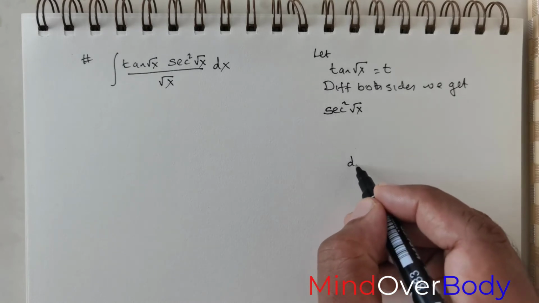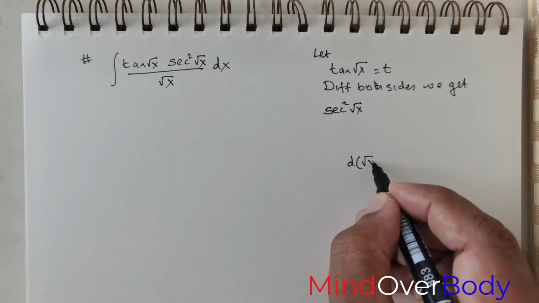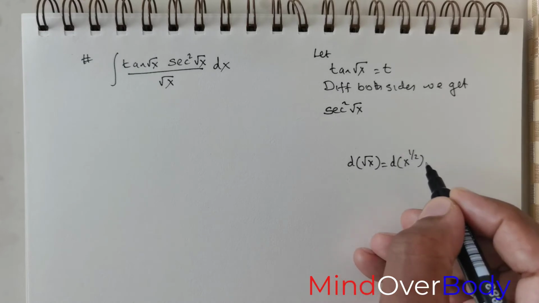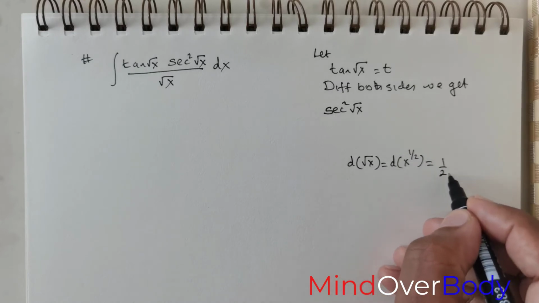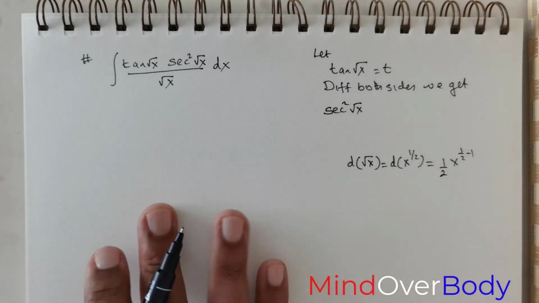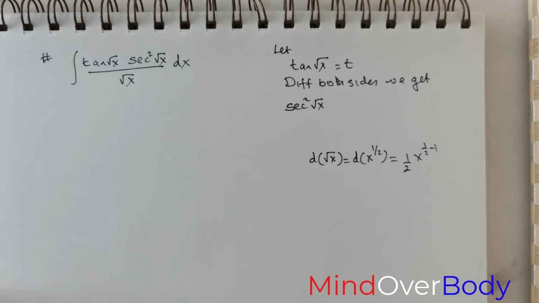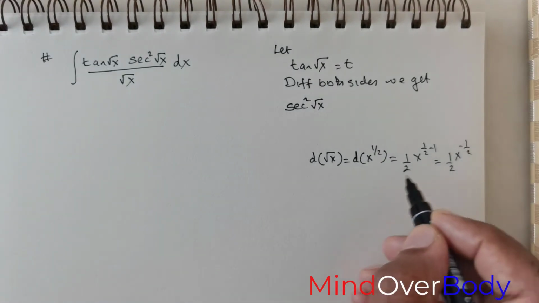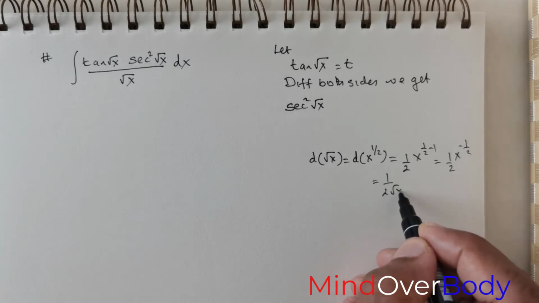Let me show you this. If you are expected to differentiate root of x, this is nothing but d of x raised to the power of 1 over 2, which is 1 over 2 times x raised to the power of 1 over 2 minus 1, which is equal to 1 over 2 times x raised to the power of negative 1 over 2, which is going to be 1 over 2 times root of x.